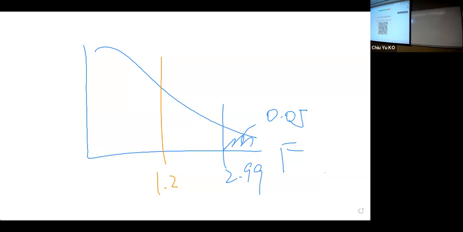No, we just replace this by the set average. Right, basically.